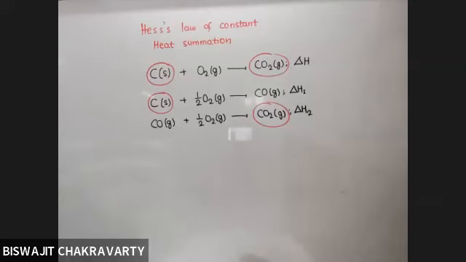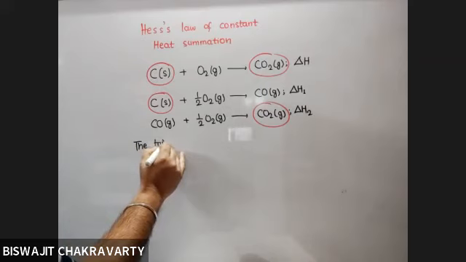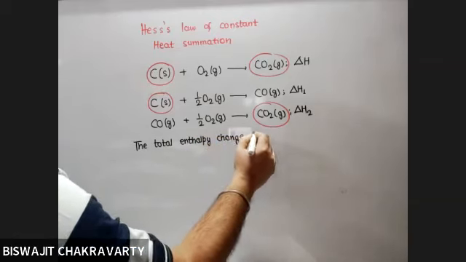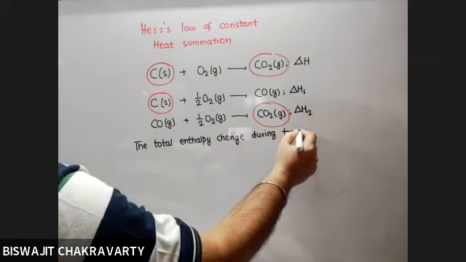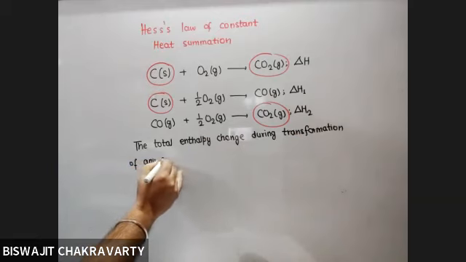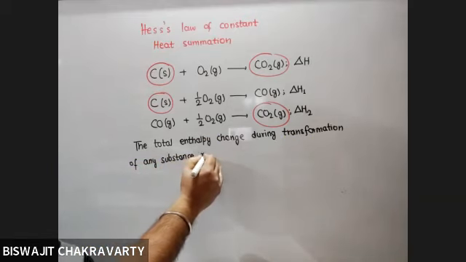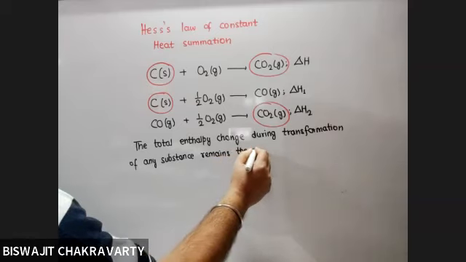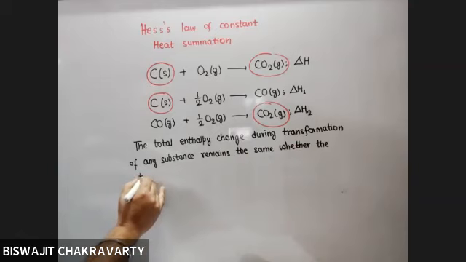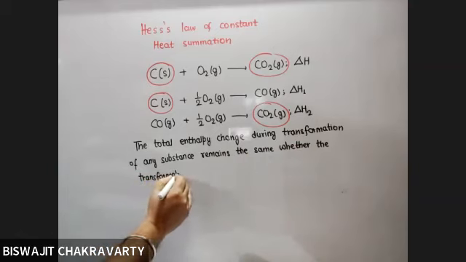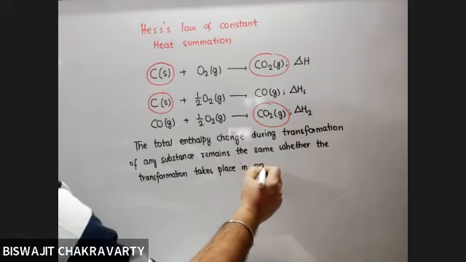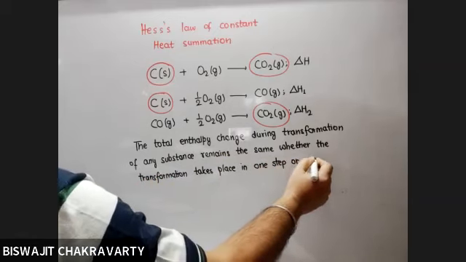So according to Hess's law, the total enthalpy change during transformation of any substance remains the same whether the transformation takes place in one step or more than one step.